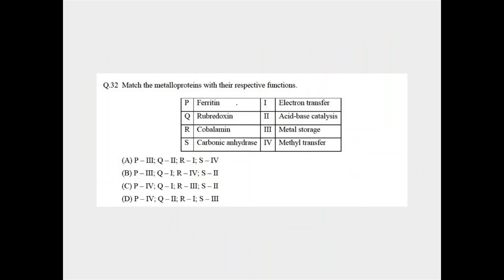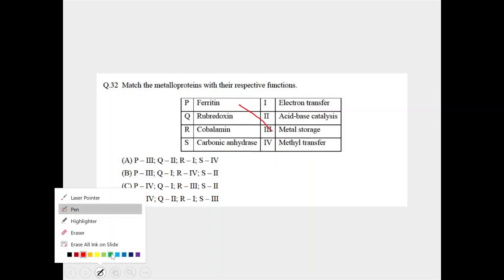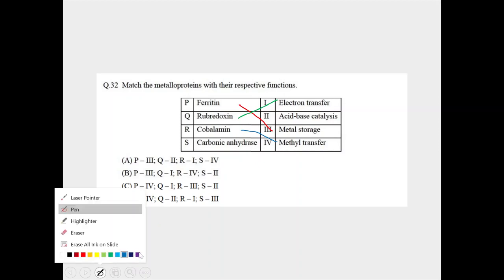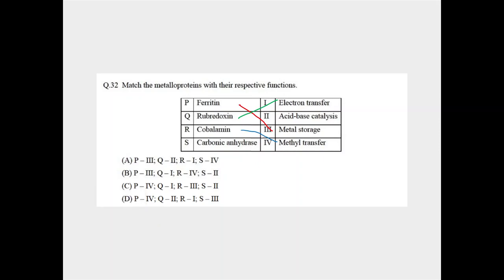Ferritin is a metal storage protein. Rubredoxin is an electron transfer protein. Cobalamin is doing methyl transfer, and carbonic anhydrase is for acid-base catalysis.